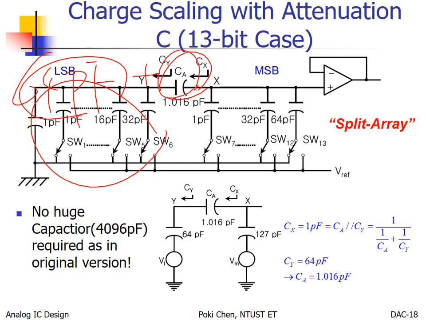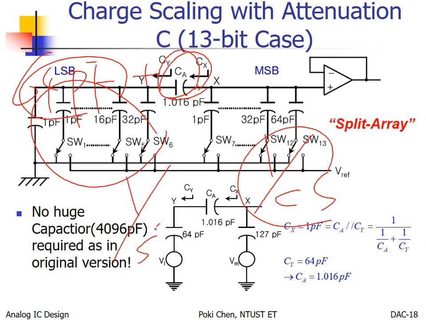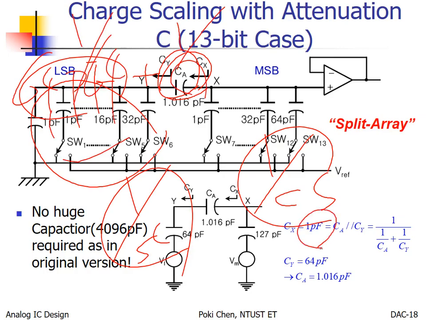Again, impedance for a capacitor means 1 over SC. So this is 1 over SCA, and that is 1 over 64P. All of them together needs to be 1P. So after very simple mathematical calculation, congratulations, you get this. The attenuation capacitor is only 1 point something.